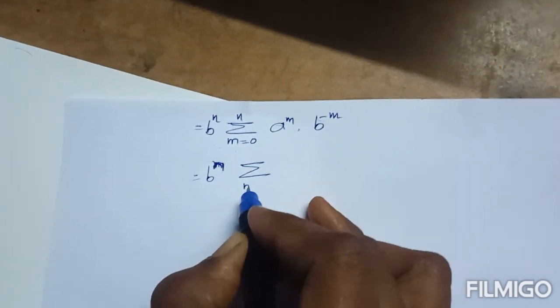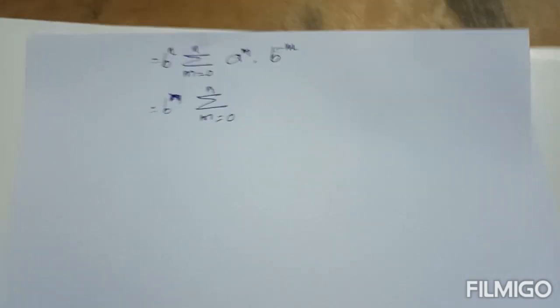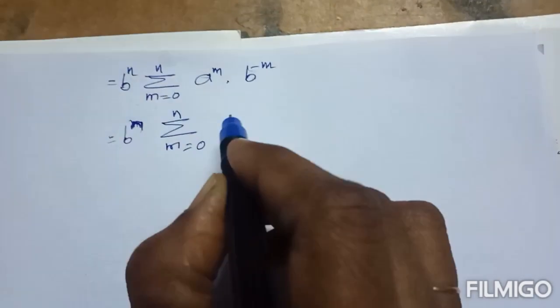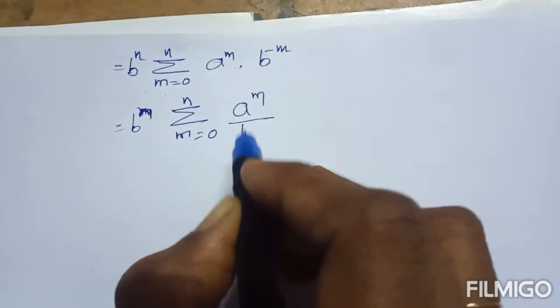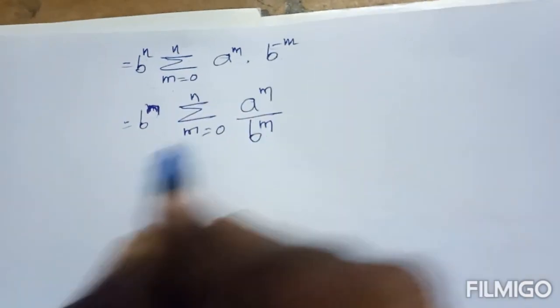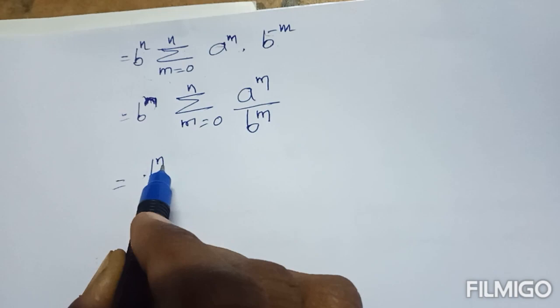That equals b to the power n into the summation of m equal to 0 to n of a to the power of m by b to the power of m.